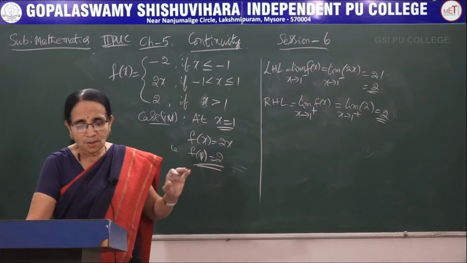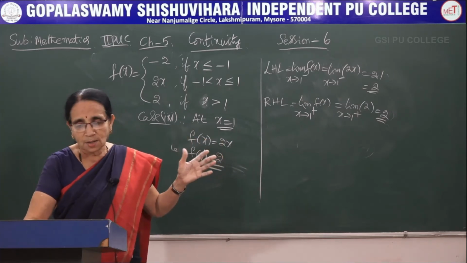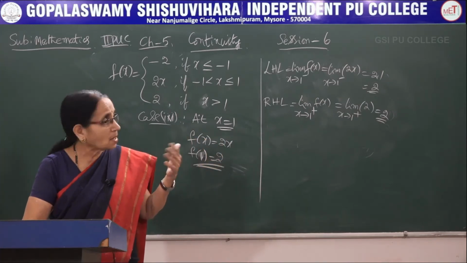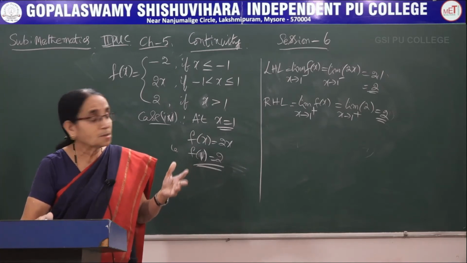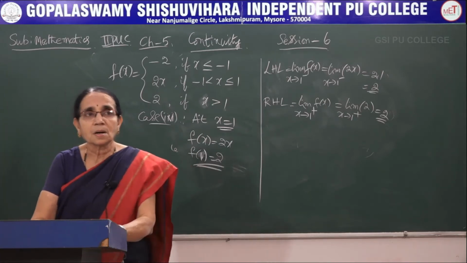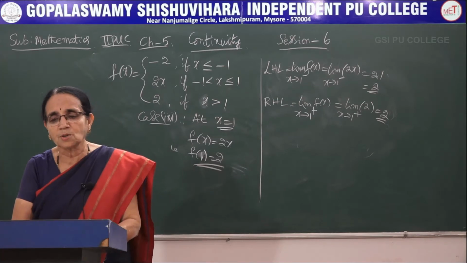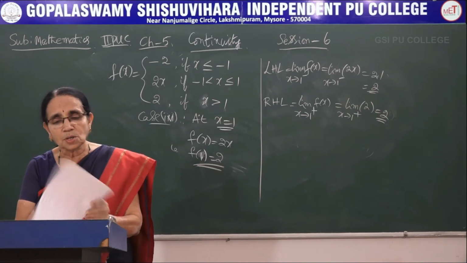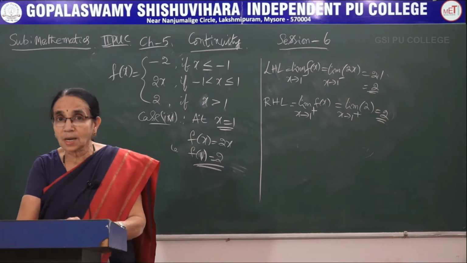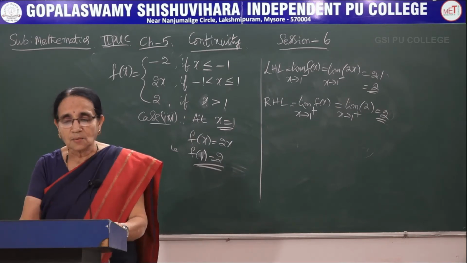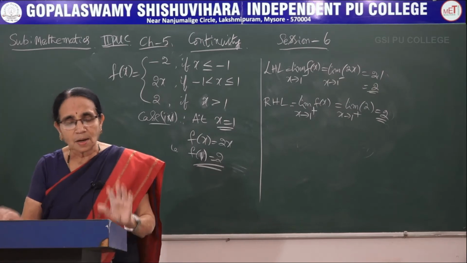In this case, since for all the values it is continuous, we can directly write that the function is a continuous function. Since we are taking all the 4 possible cases, and in all the cases we have seen that it was continuous, we can directly write it is a continuous function.